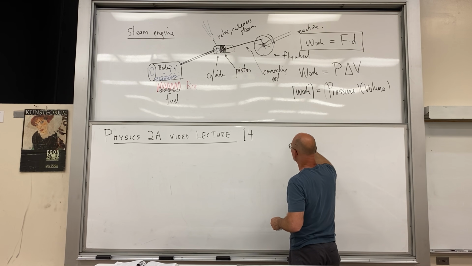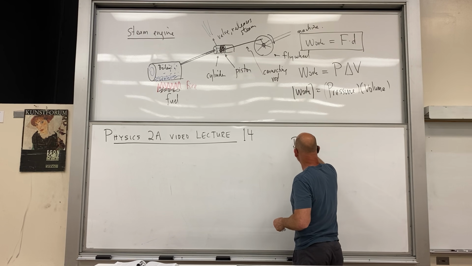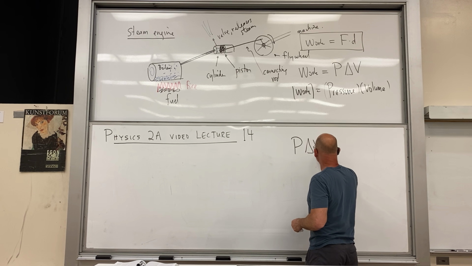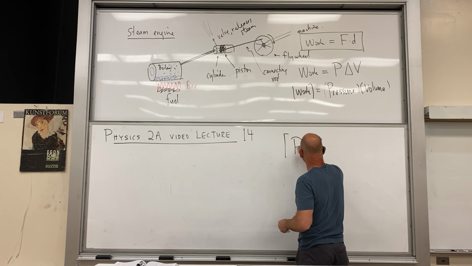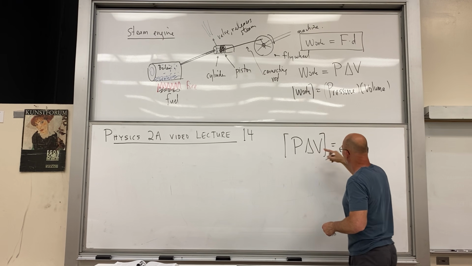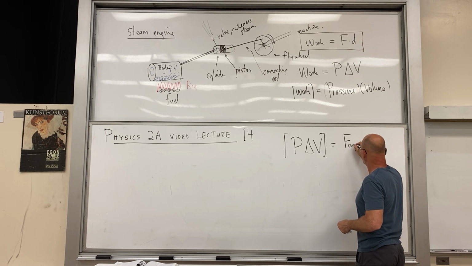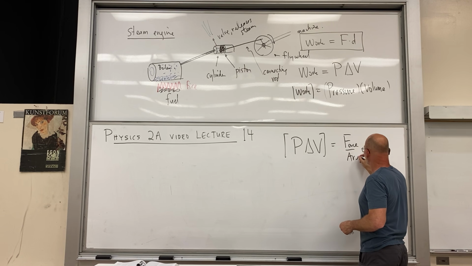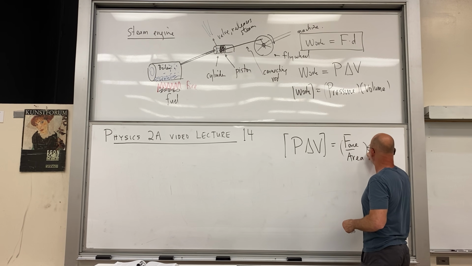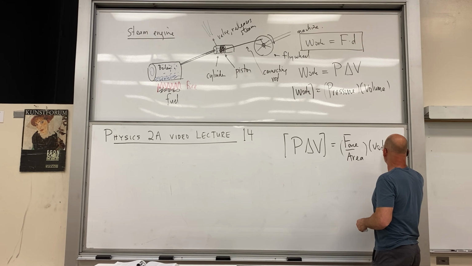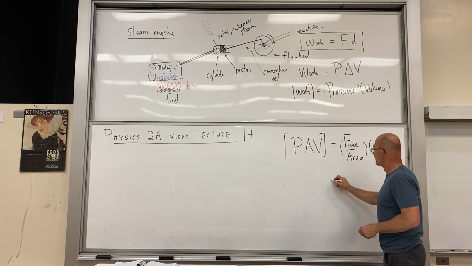So what is this pressure times volume? P delta V. Okay. What are the units of pressure? The units are force per area, force per area times volume, right?